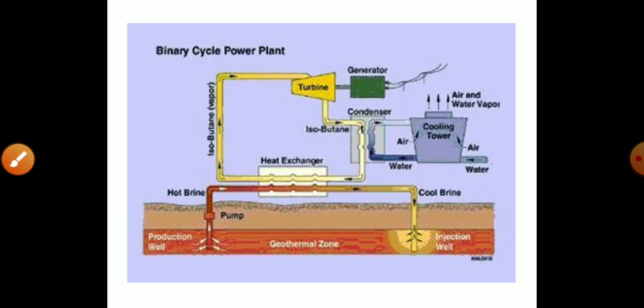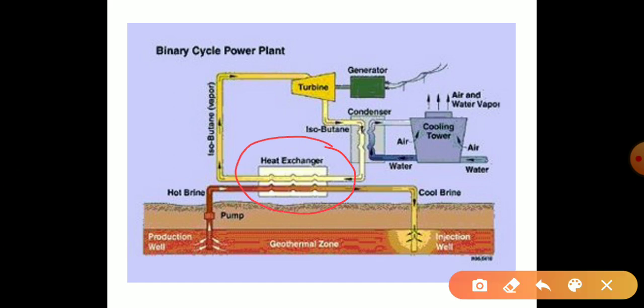Now we go to the section where it happens. There a heat exchanger is present. Look here, a heat exchanger is present. Here the water or steam does not come directly to the plant. The heat exchanger is used to exchange the heat energy to another kind of liquid, and this liquid becomes vapor, and this vapor comes to the turbine, which rotates the turbine to generate electrical energy, and then it is cooled again.